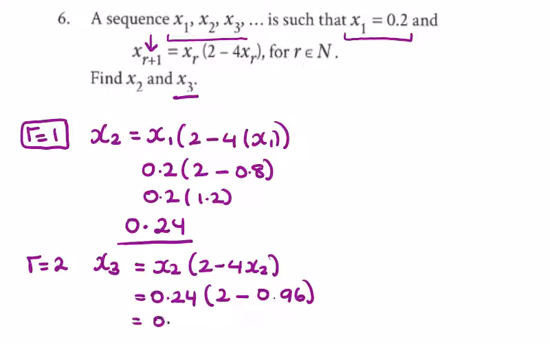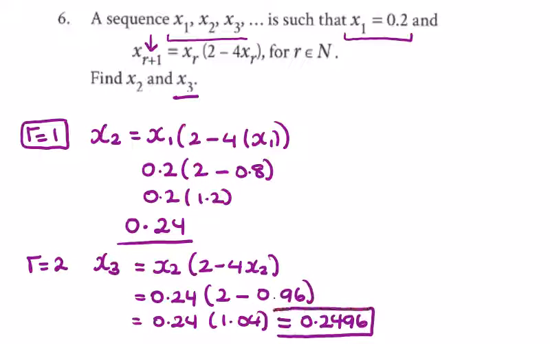So that's 0.24 by 1.04, and adding 4% to 0.24, it's going to be 96. So I think this is 0.2496. Always double check on a calculator. So that's x2 and x3.